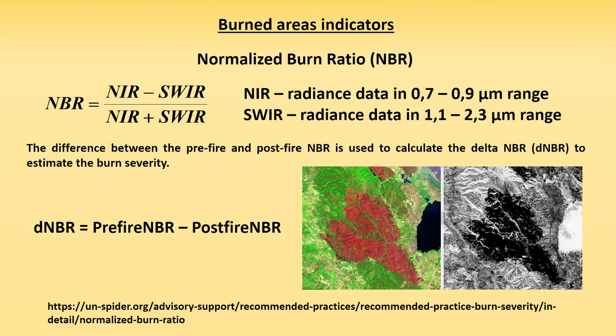Talking about burned areas, the normalized burn ratio is utilized for their mapping. NBR is an index designed to highlight burned areas in large fire zones. Healthy vegetation shows very high reflectance in the near-infrared band and low reflectance in the SWIR portion of the spectrum, the opposite of what is seen in areas devastated by fire.